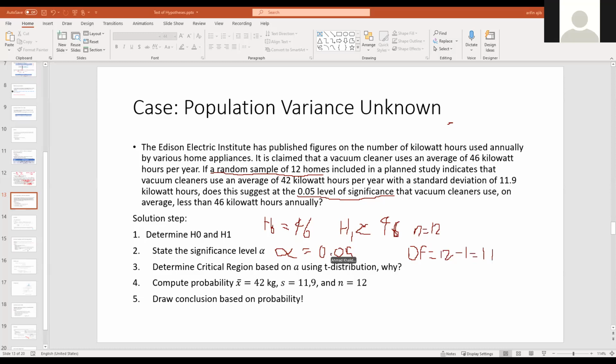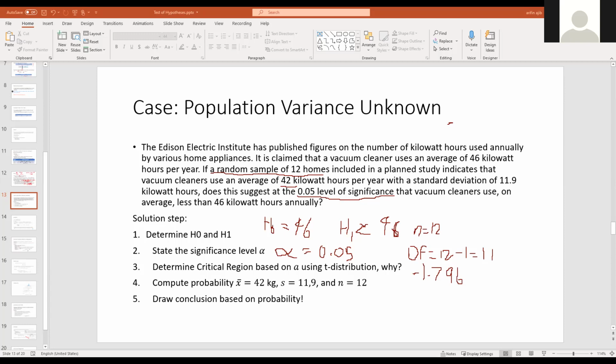Using 0.05 and the degrees of freedom in the t-distribution table, you can get the value 1.796. But the critical value is minus because it's below the average. 42 is below 46. Therefore, it's going to be minus.